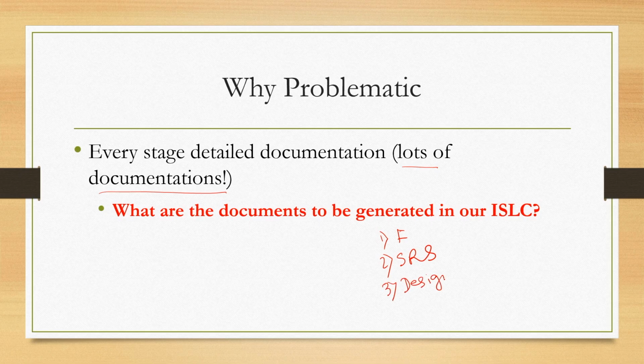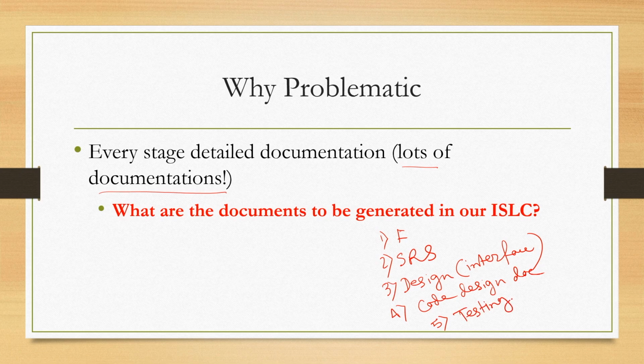Now, this is about code and interface design. Code design also requires documentation so that it is easier to understand and debug by other teams. Then testing documentation, code testing primarily.